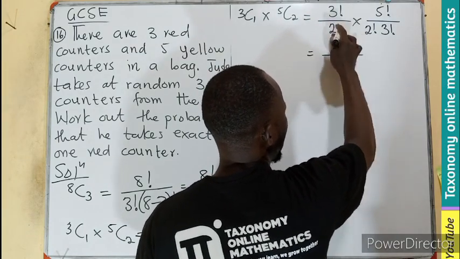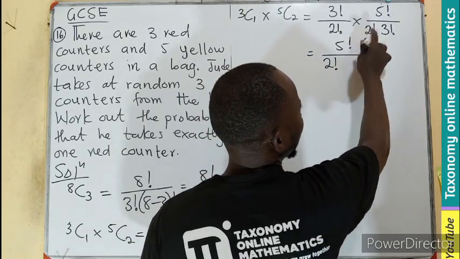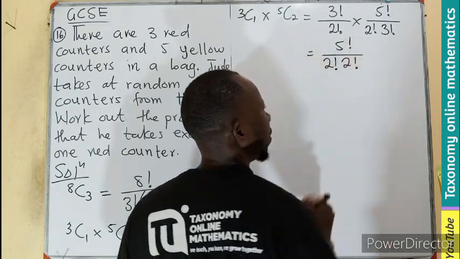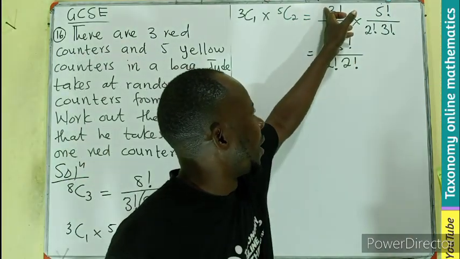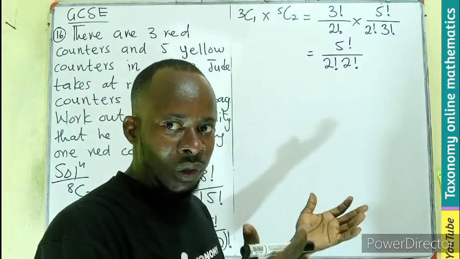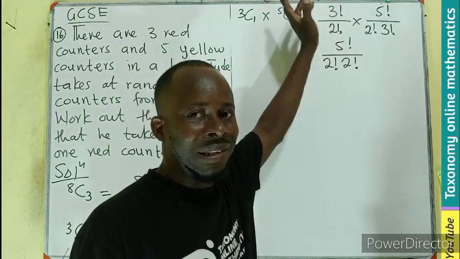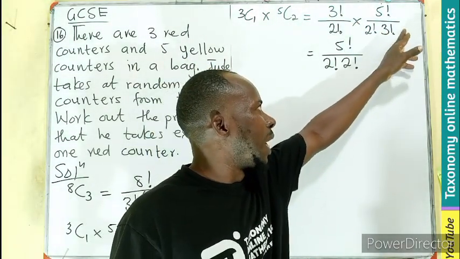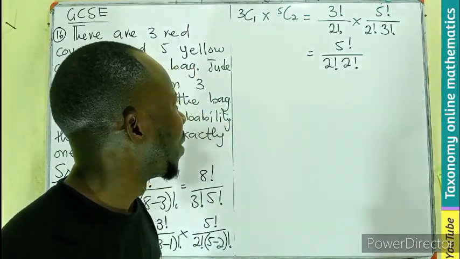Then the denominator will be 2 factorial times 2 factorial. This 3 factorial is cancelling this. Even if I expand it, they will still cancel themselves, because it's 3 times 2 times 1, 6, and 3 times 2 times 1, 6. 6 divided by 6 will cancel out.